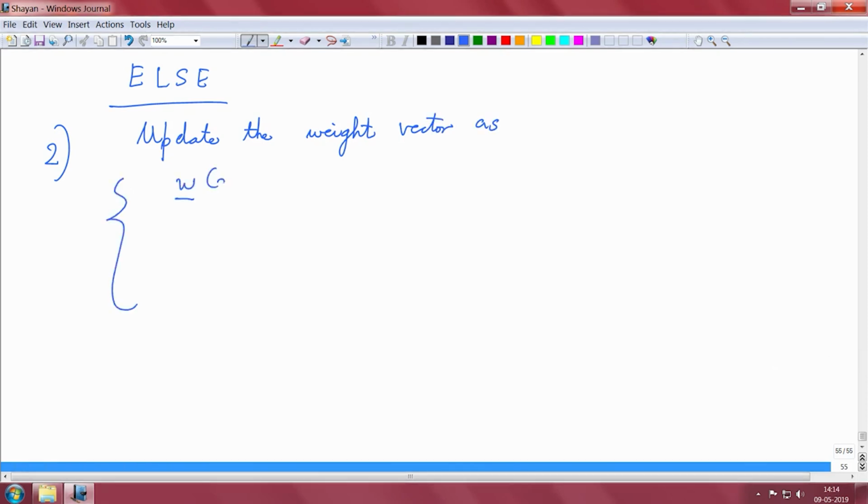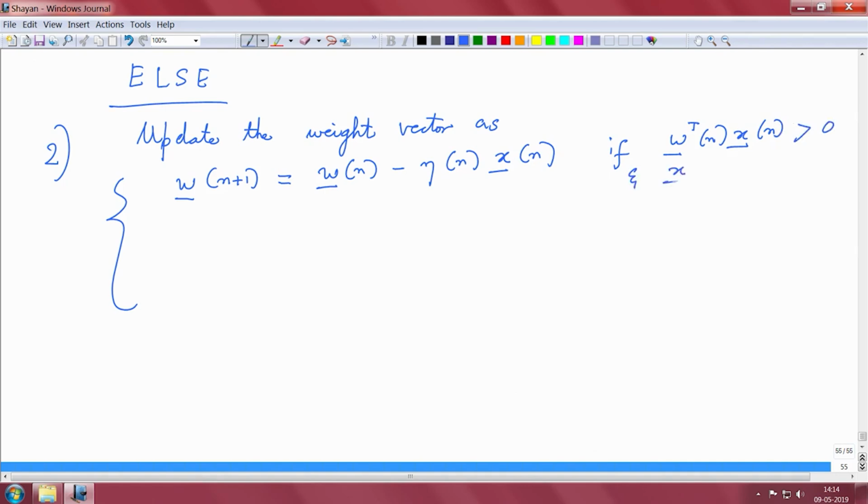Wn plus 1, that is the weight adjustment at time n plus 1, is the weight adjustment at time n minus some eta of n, you can also fix eta to be some constant, times x of n, if W transpose of n, x of n is greater than 0 and xn belongs to C2.